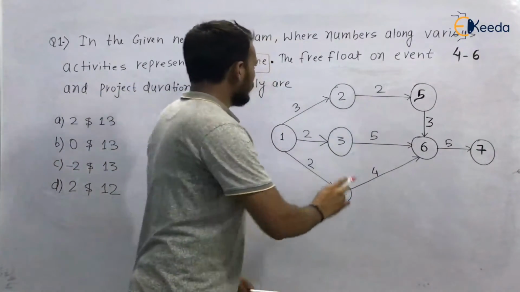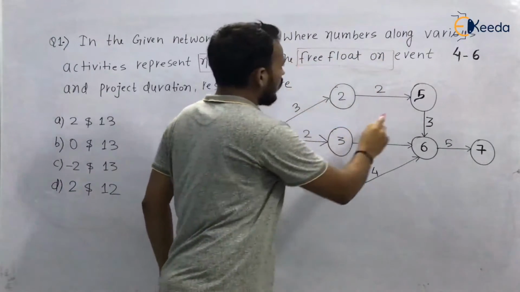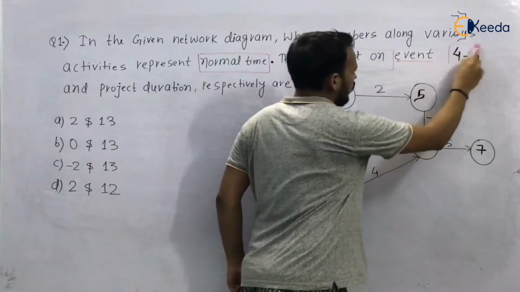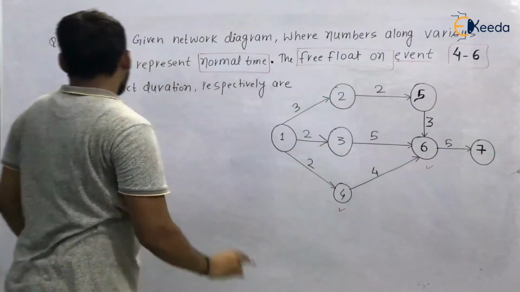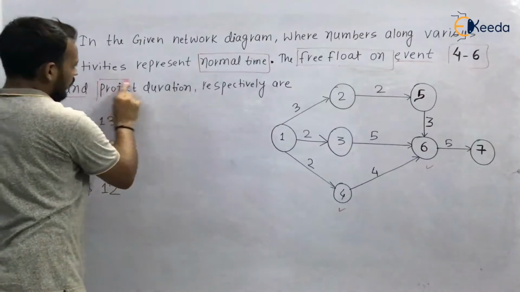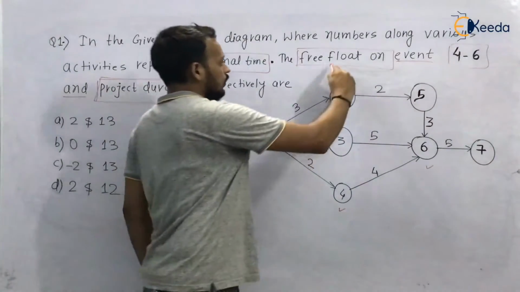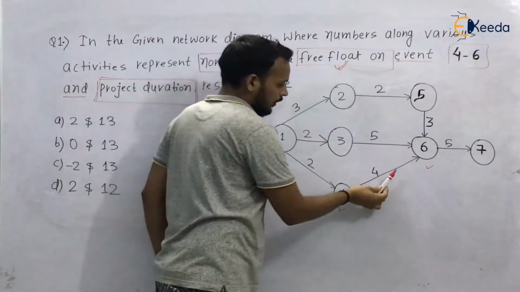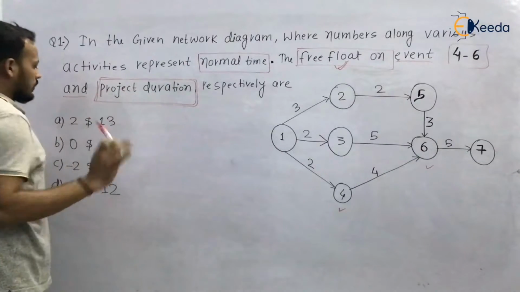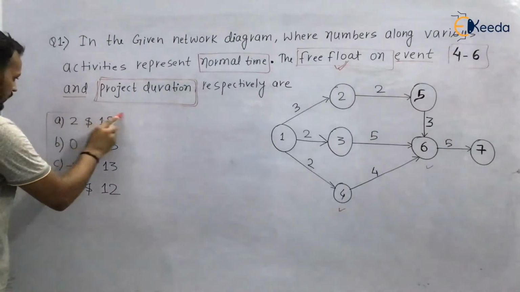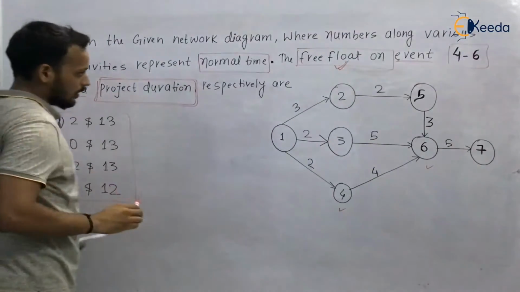You have to find the free float on activity 4-6, and also you have to find the project completion time. So you have to find the free float for this activity, and also the project duration. The following options are given. You have to choose one of the answers.